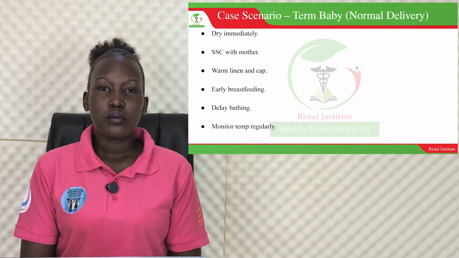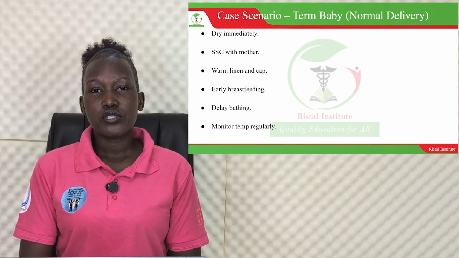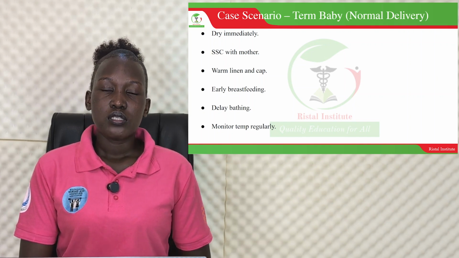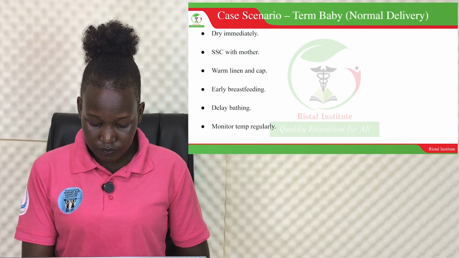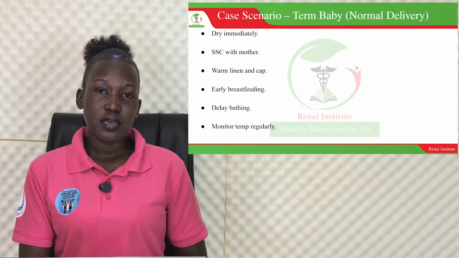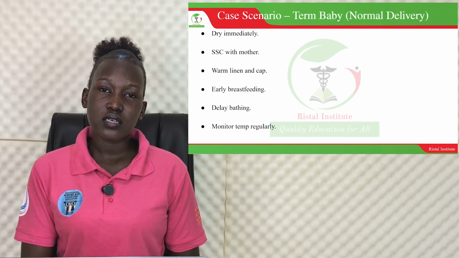Then we are also looking at care which should be given within 2 hours. So within 2 hours, you should examine the baby every 30 minutes. Every 30 minutes, you go and assess.